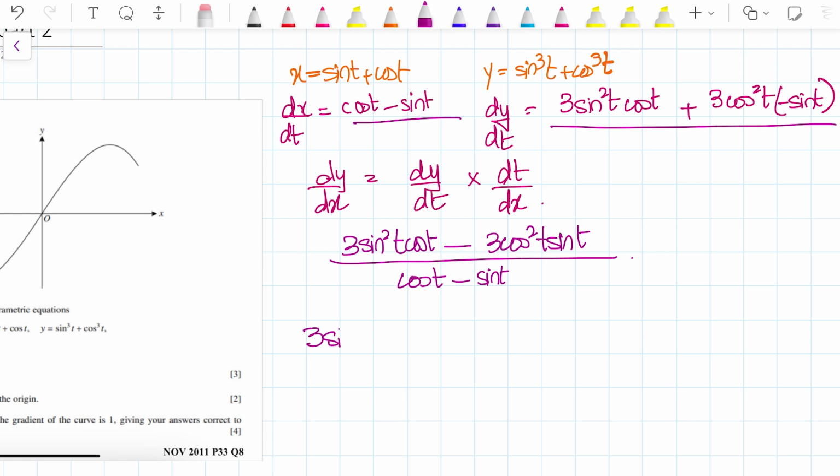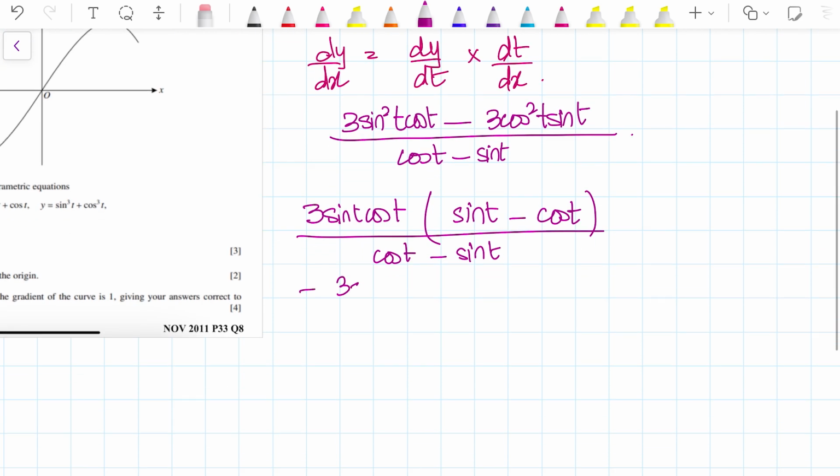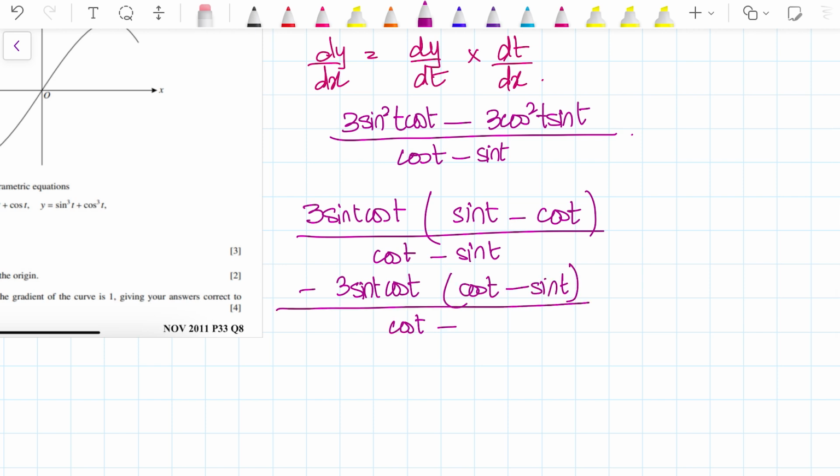Let's take out 3 sine t cos t common. Let's take a minus sign common out too. Cancels out.